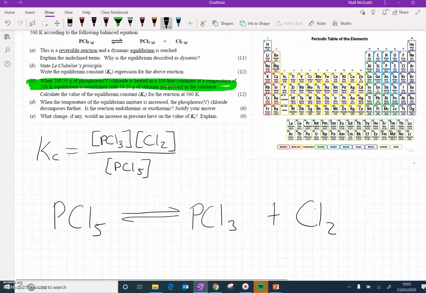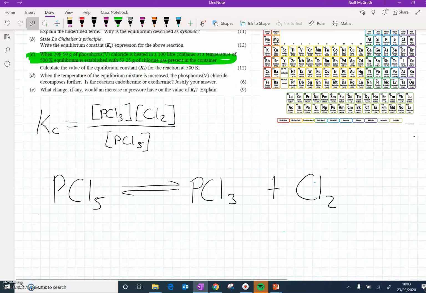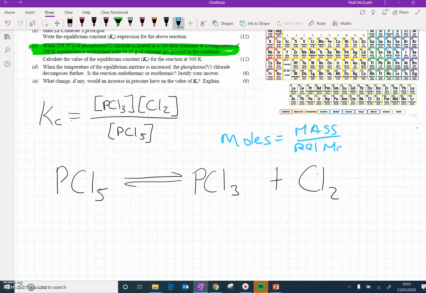Now, a bit of information they give us is that initially we have 208.5 grams of this phosphorus 5 chloride present. They give us the mass of it, so we want to find the number of moles. Our moles are going to be mass over the relative mass. So 208.5 grams.